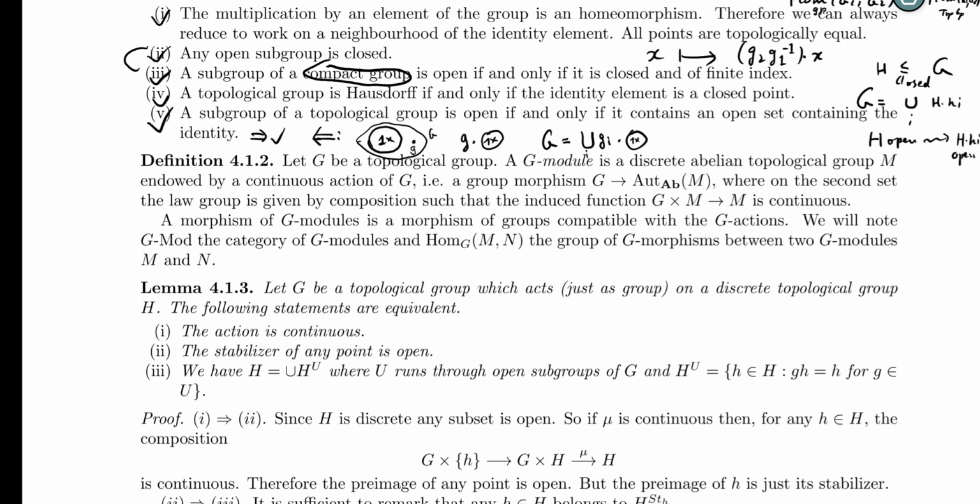Let's move on. Definition. Let G be a topological group. So here is the important thing. What is a G-module? We talk about Galois cohomology, the computing of the Galois cohomology, acting on the resolution of a G-module.